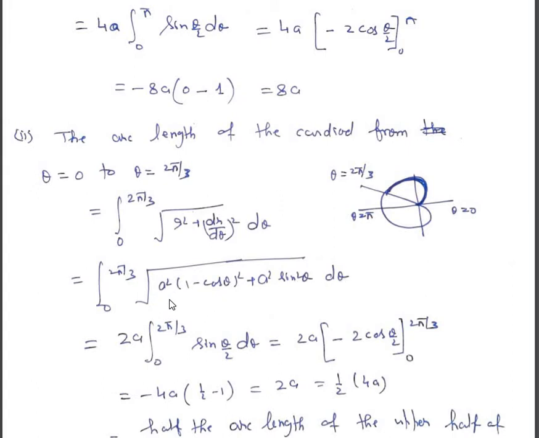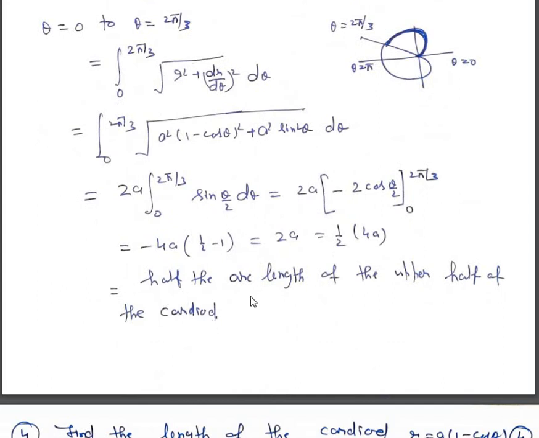Now as done earlier, this is equal to 2a times integral 0 to 2 pi by 3 sin theta by 2 d theta. Integration of sin theta by 2 is minus 2 cos theta by 2. Limits are from 0 to 2 pi by 3. Put the limits. We have minus 4a times half minus 1, that is 2a. So 2a is equal to half of half into 4a. So therefore, this is half the arc length of the upper half of the cardioid. That's what we had to show.